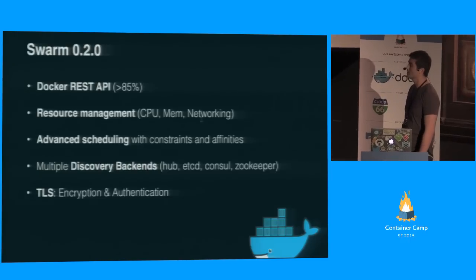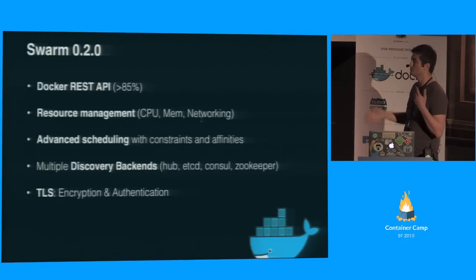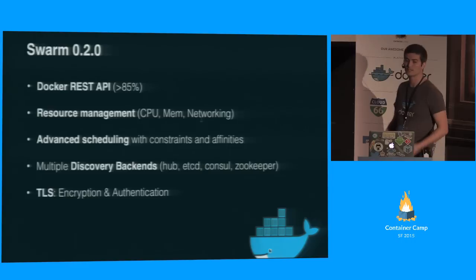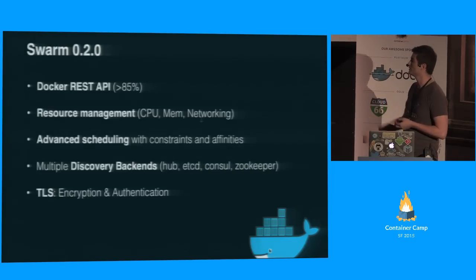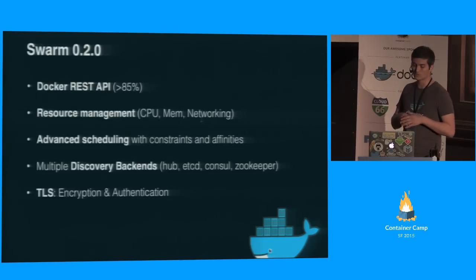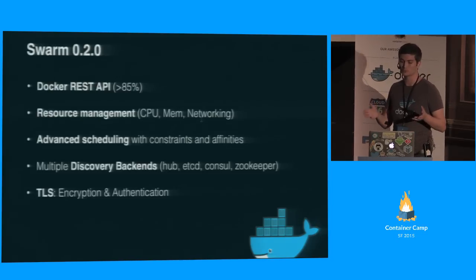Swarm supports resource management, so CPU, memory, and pretty much everything that is unique on machines is going to be taken care of by the scheduler. We have some advanced scheduling features, such as constraints and affinity, which, again, Victor is going to demo later on. And in order to discover your machines, we provide different plugins.